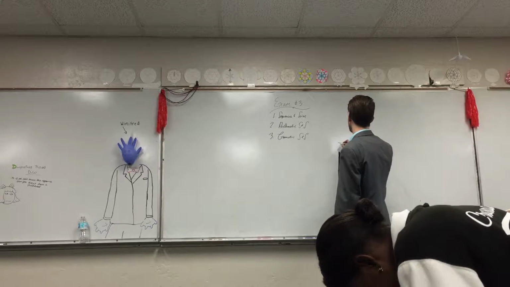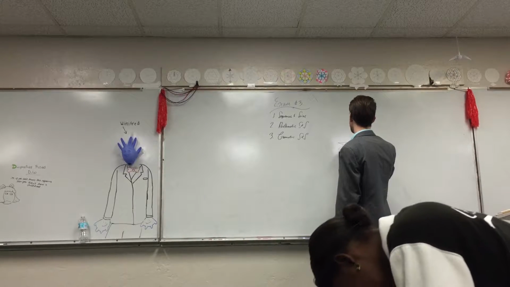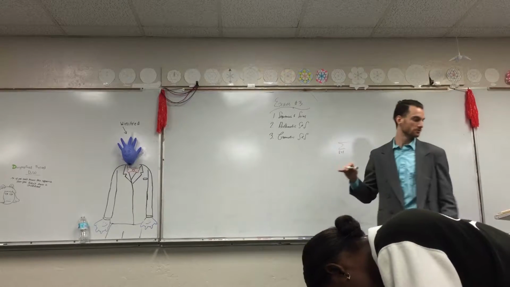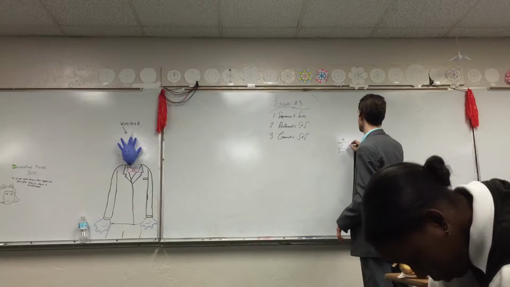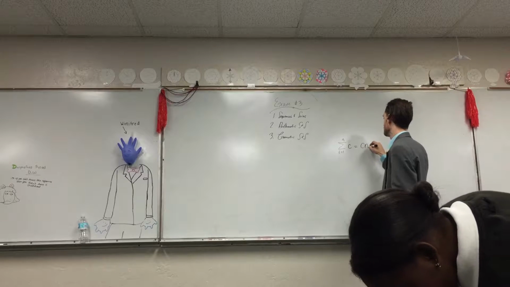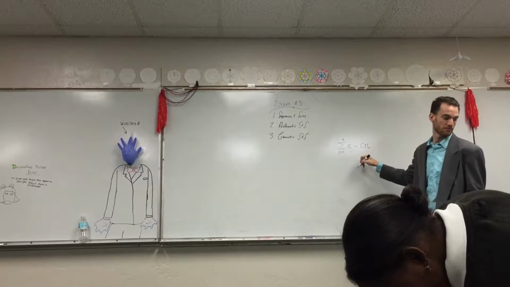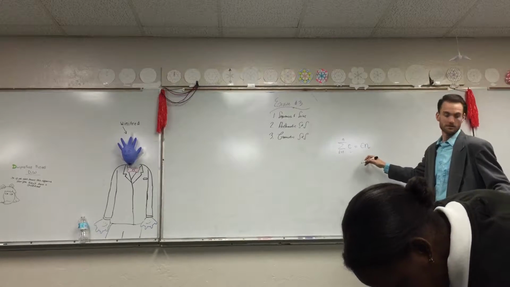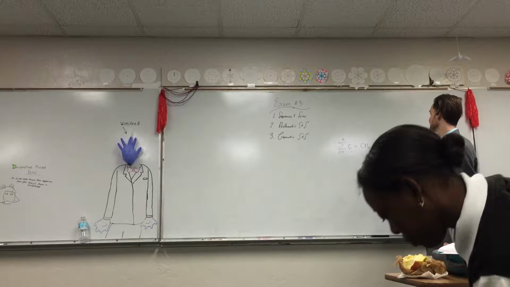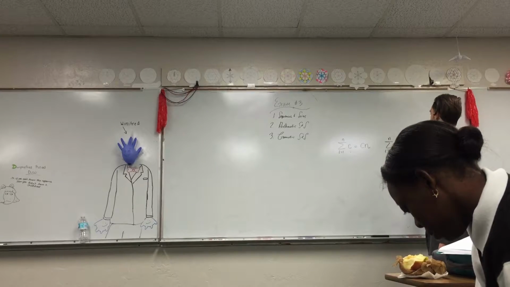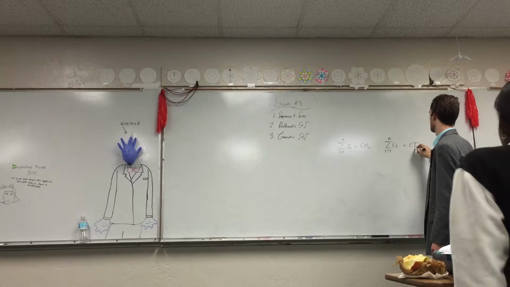Remember, if I have the sum from i equals 1 to n of c, that's just cn. Remember these rules. If I have the sum from i equals 1 to n of ci, where c is a constant, I can just pull the constant out.